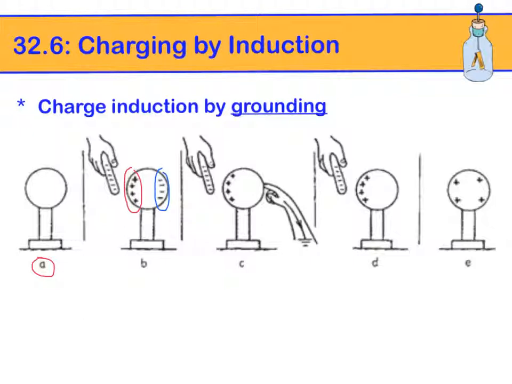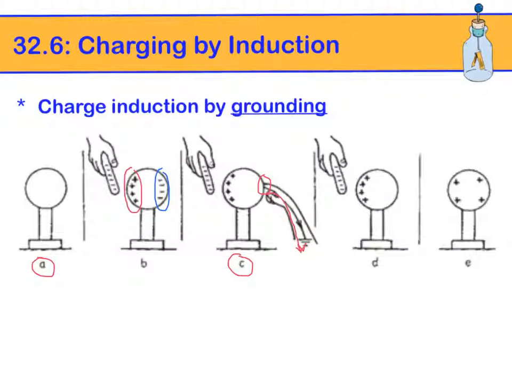Here's where it is a little bit different. In part C, we are now touching that metal sphere, giving a pathway for those negative charges to flow through us towards the ground. The ground can accept basically an infinite number of charges.